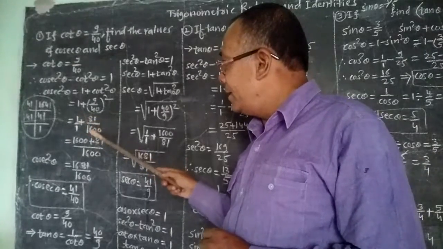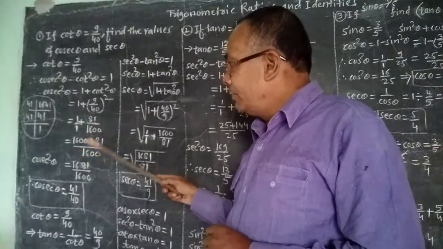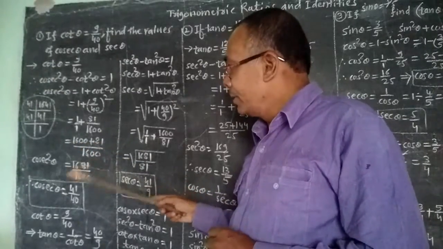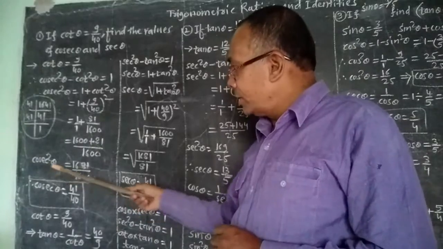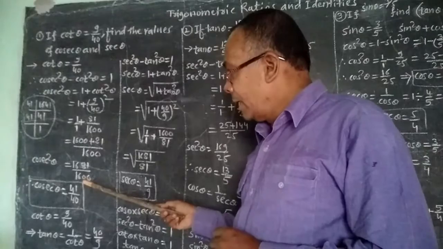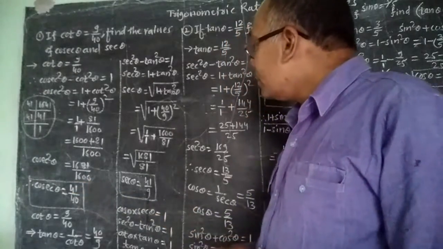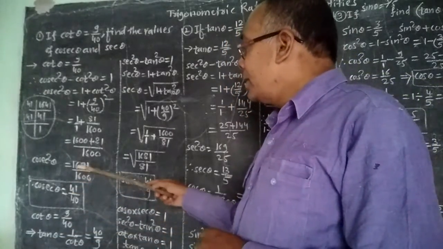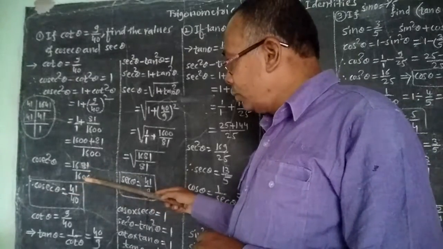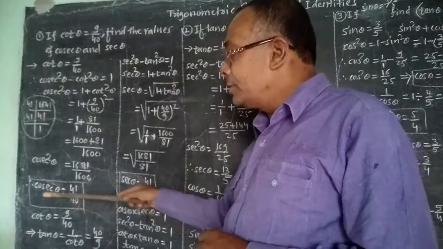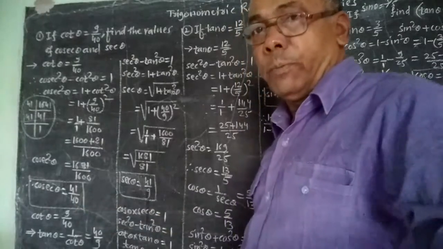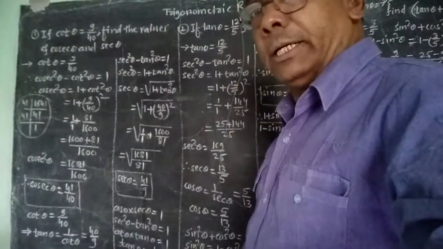So 1 plus 81 upon 1600, it will be 1600 plus 81 upon 1600, and therefore cosec square theta is equal to 1681 upon 1600, and the square root of 1681 is 41 and square root of 1600 is 40. In this way cosec theta is equal to 41 upon 40. We got the value of cosec theta.